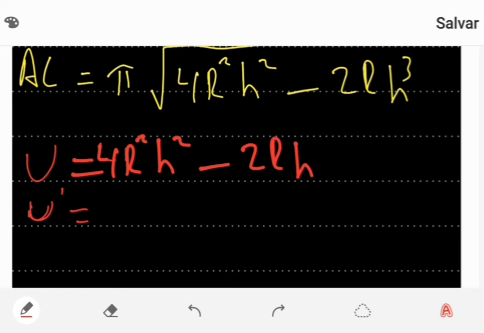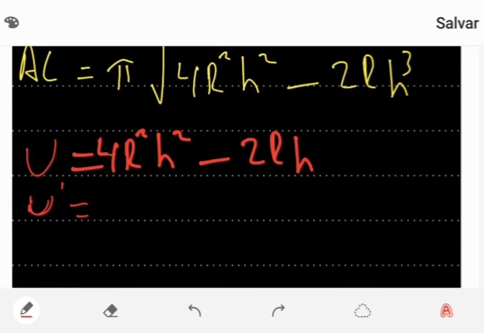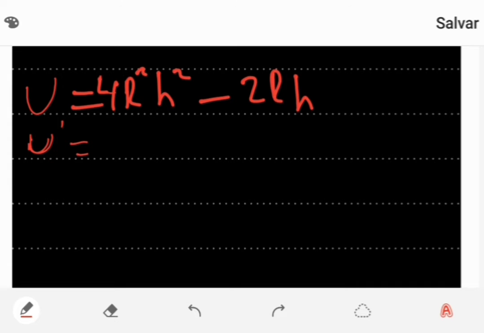What is the derivative of this part over here? Well, let's call V equal to 4R squared H squared.